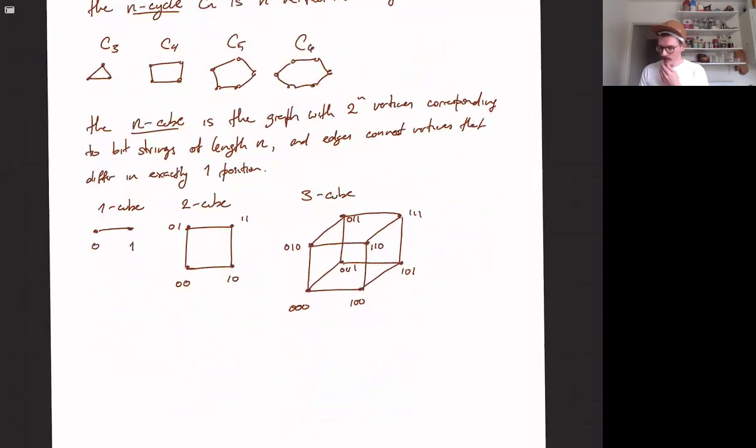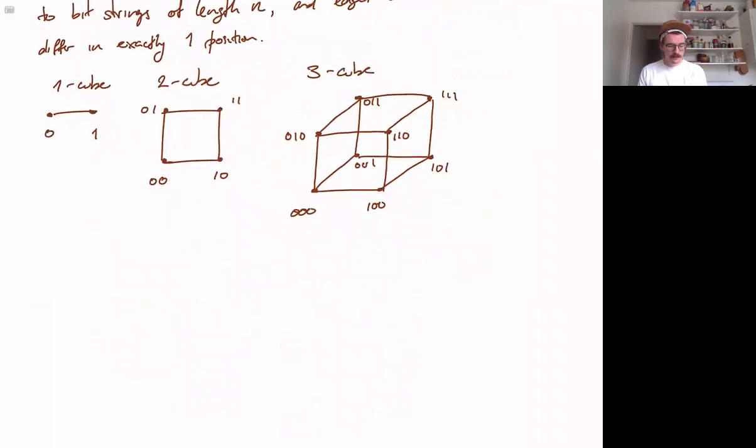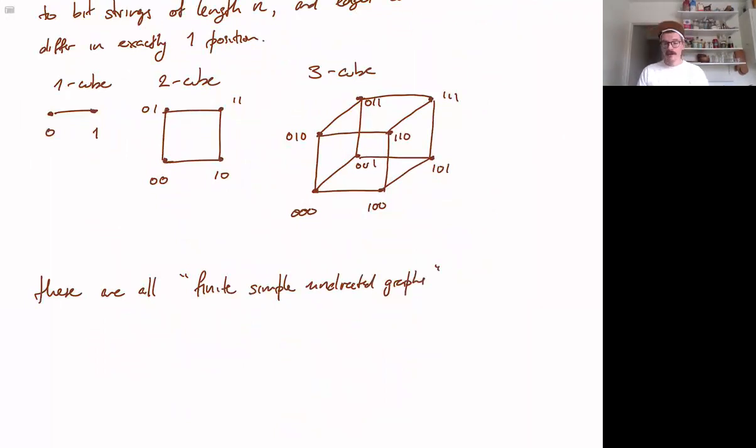So now let's go over a couple of slightly different settings we can consider. The examples we've given so far are all finite, simple, undirected graphs. I've thrown on a lot of modifiers there, so let me explain what all of them mean.